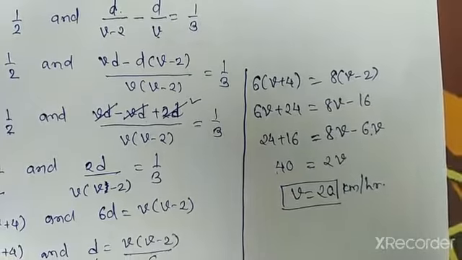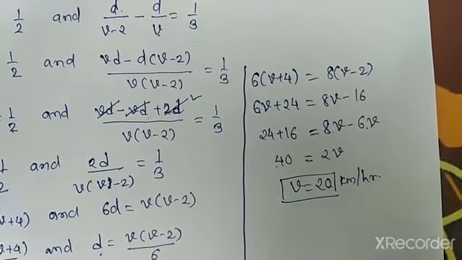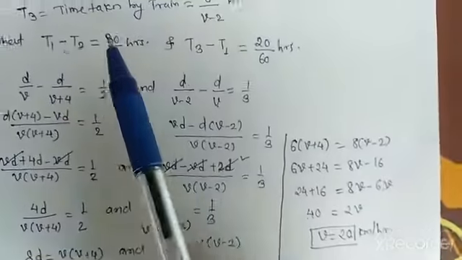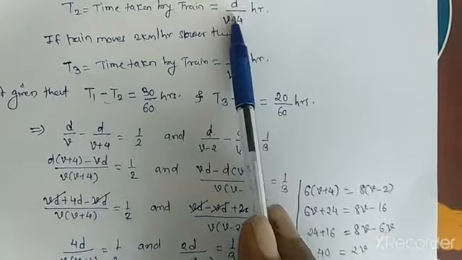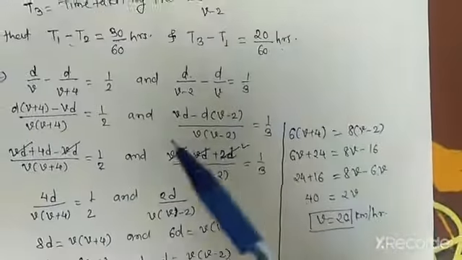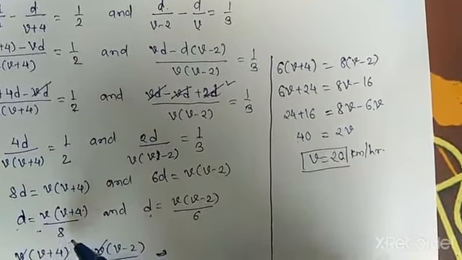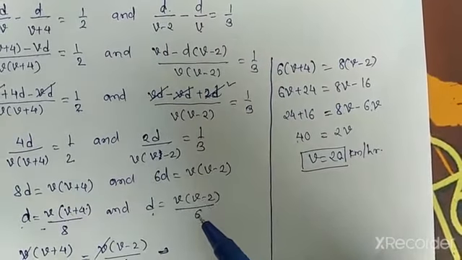So now we have to find the distance. For distance, we can take any one of the relations. We have d is equal to v into v plus 4 divided by 8, or d is equal to v into v minus 2 divided by 6.